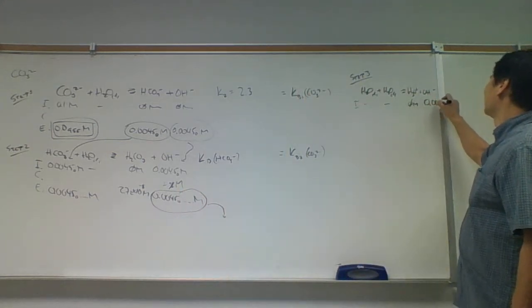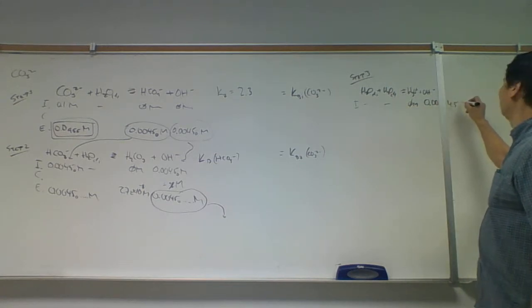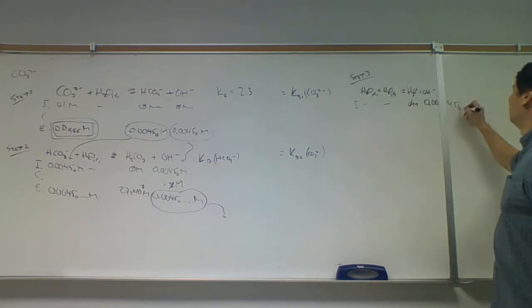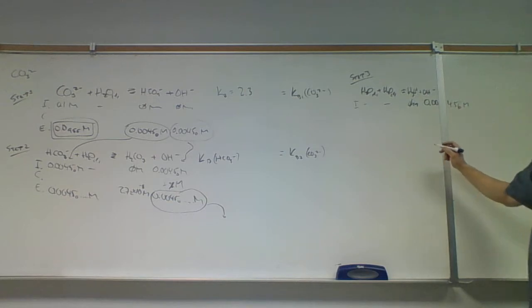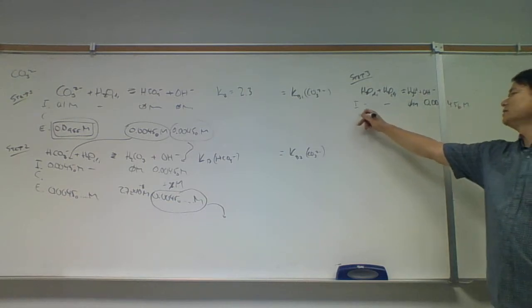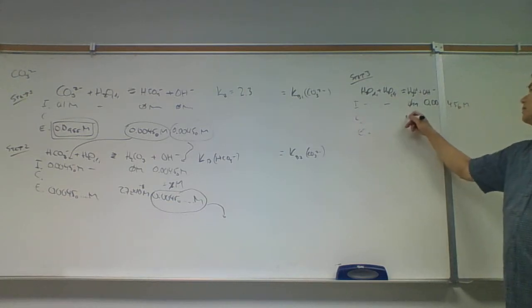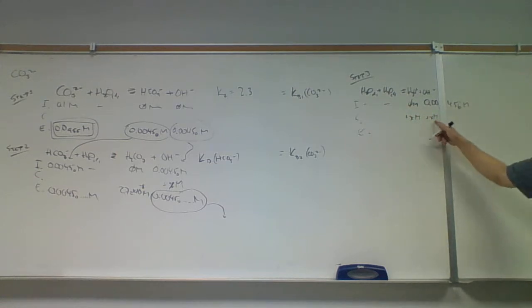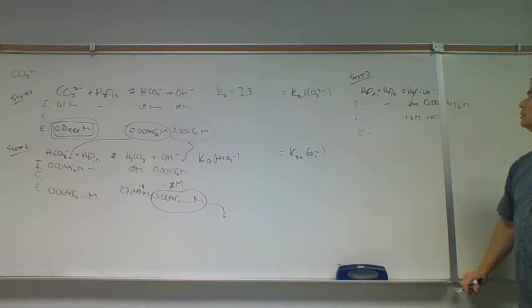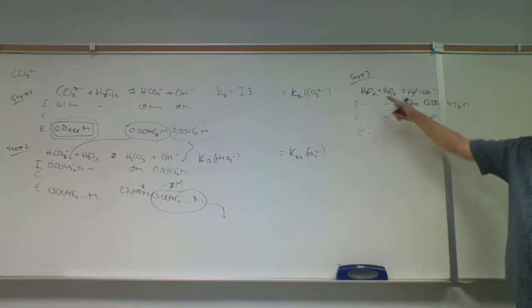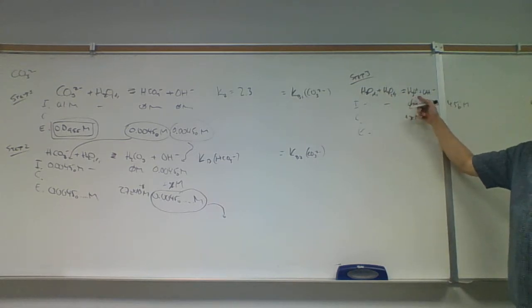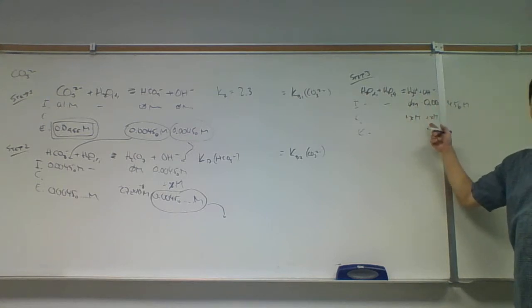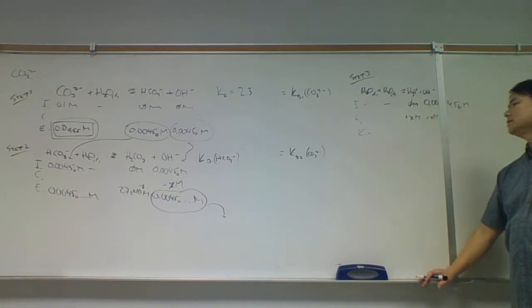So in the next step, we'll have 0.00450 molar here, and then we're going to see how much additional hydroxide we're going to add to this. The additional hydroxide is going to be plus X molar and plus X molar. A lot of people think that X should be 10 to the minus 7, because autoionization of water produces 10 to the minus 7 molar hydronium and 10 to the minus 7 molar hydroxide, but that's not the case.